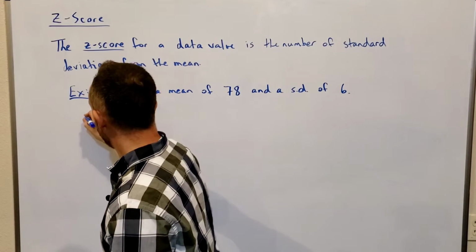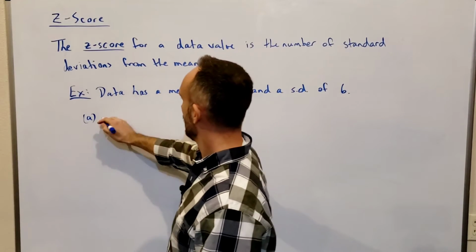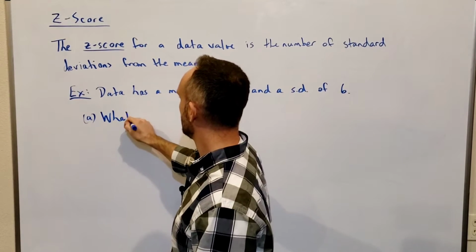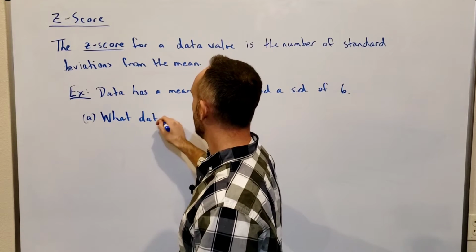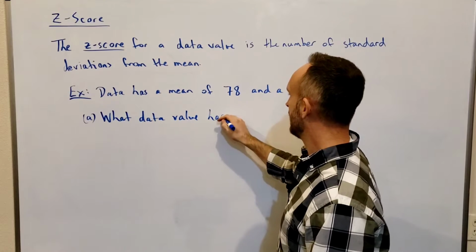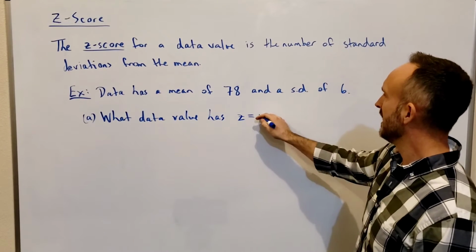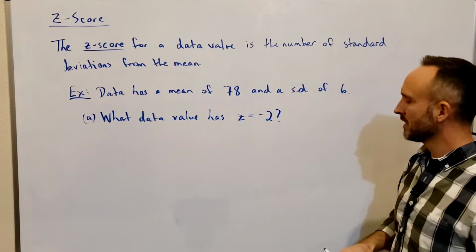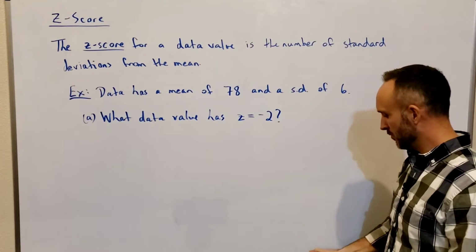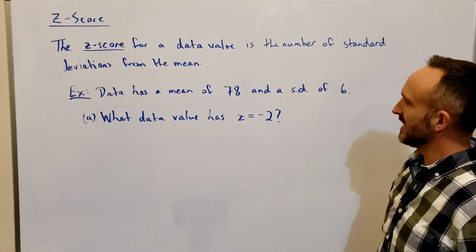Question A might be something like, what data value has a z-score equal to -2? So this is the z-score for some data value in this set.